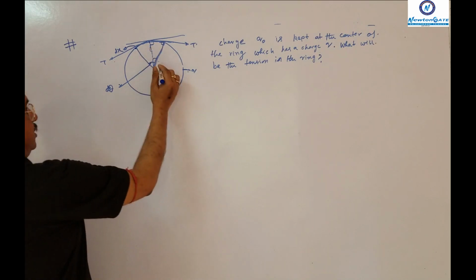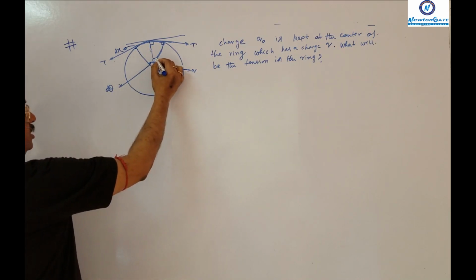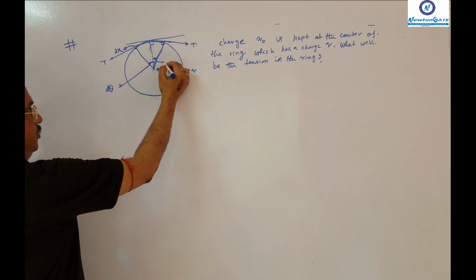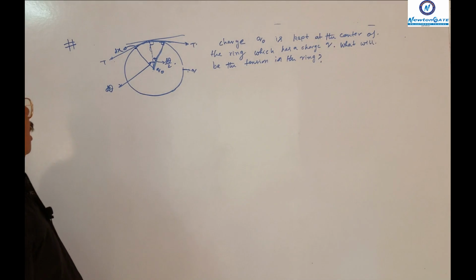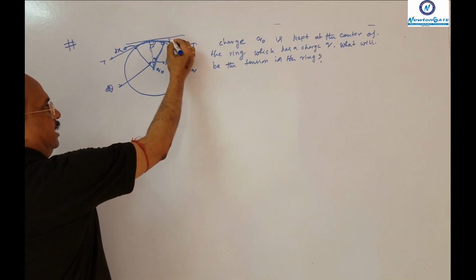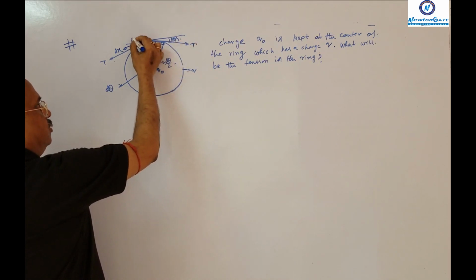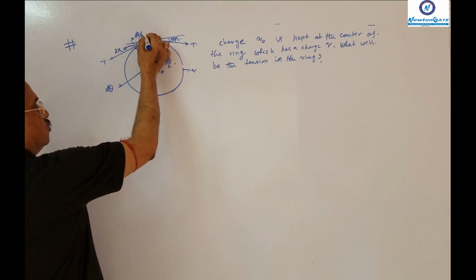This is a very small element. So if this is your d theta, this will be d theta by 2. Now if this is d theta by 2, this angle will be 90 minus d theta by 2, hence this angle will be d theta by 2, and this angle also will be d theta by 2.